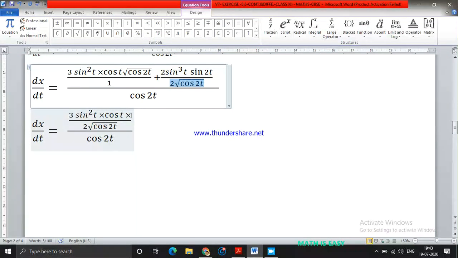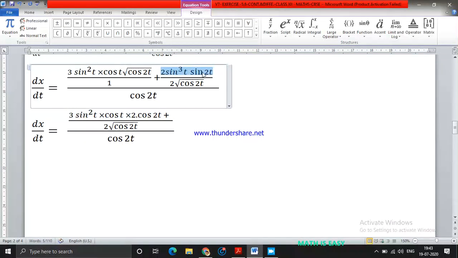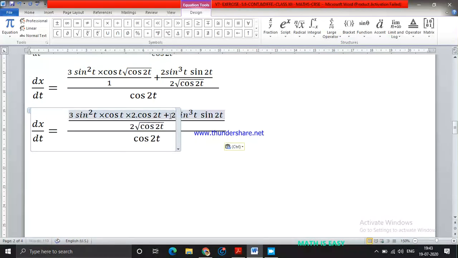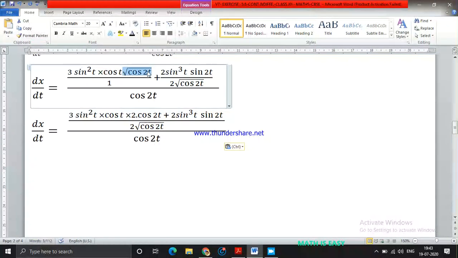So here what I am going to get is 2 times cos 2t. Root x into root x is t only. So that's the logic I am using here. Plus this numerator term is going to remain as it is. Hope this step is clear. This root cos 2t multiplying with root cos 2t is going to be just cos 2t only.